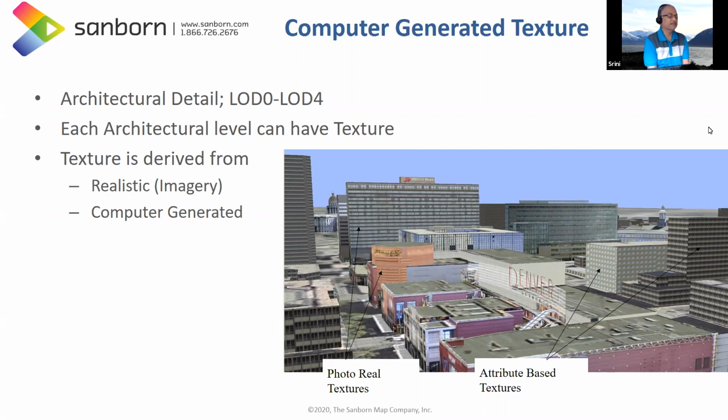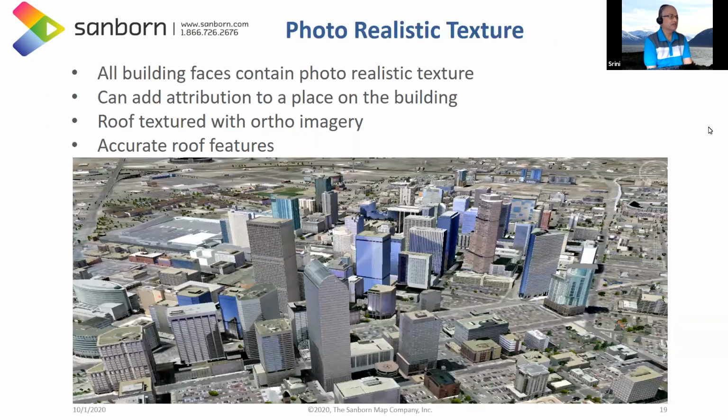What you are seeing right now is a computer generated texture, and in the next slide we will see a photorealistic texture. In this case, both the oblique imagery as well as, in some cases, the ground-based camera has been used to create the texture, whereas the rooftop texture has come from the ortho imagery.